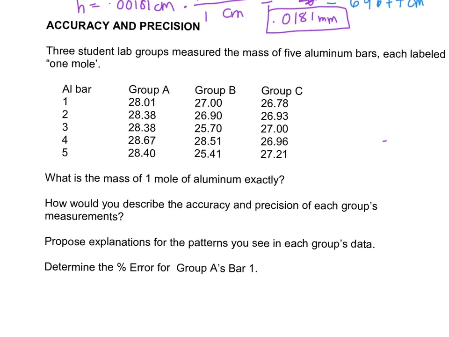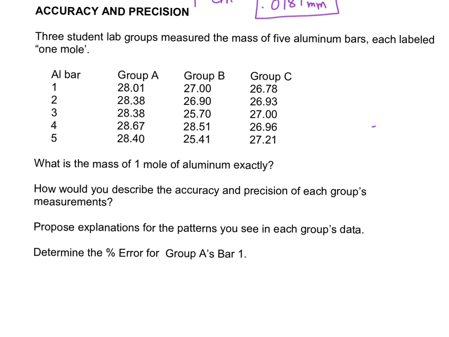Our next topic is accuracy versus precision. Accuracy means that your value agrees with the true value.